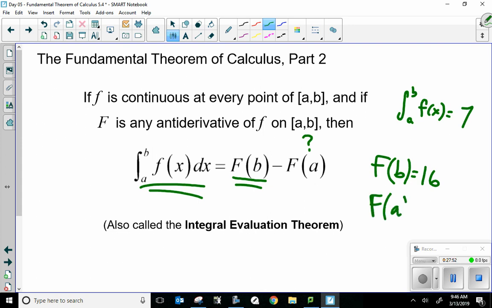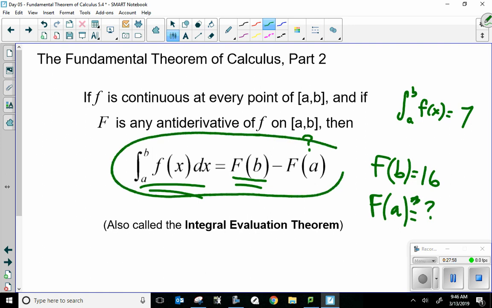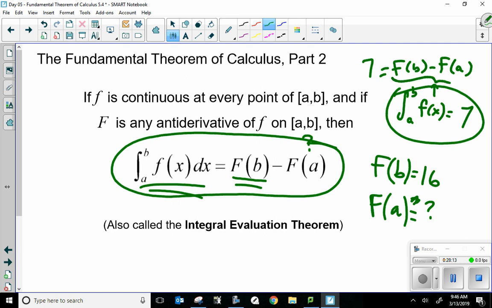What's F of a? And initially, without just breaking this down to the obvious, you might say, how am I supposed to find this? Well, this is F of b minus F of a, isn't it? So this should equal 7. This whole thing is this. So if F of b is 16, I should subtract 9 to get 7.